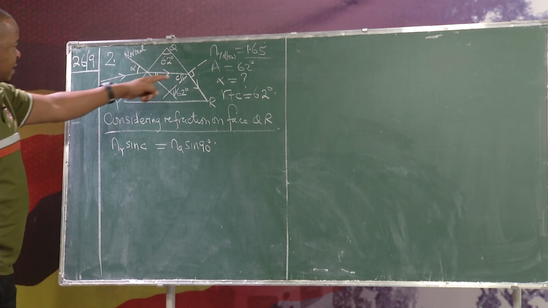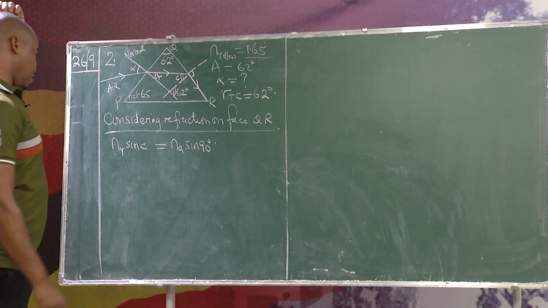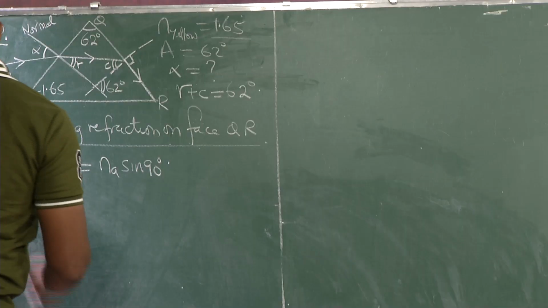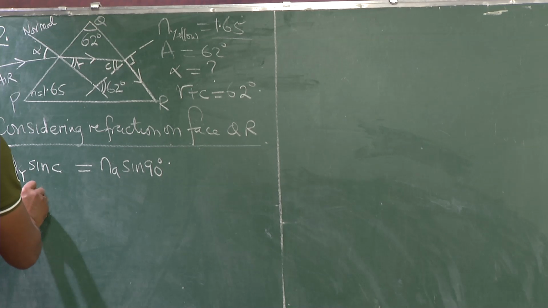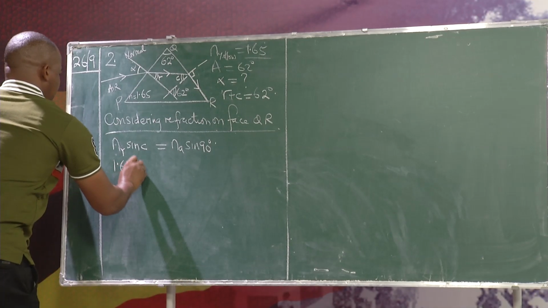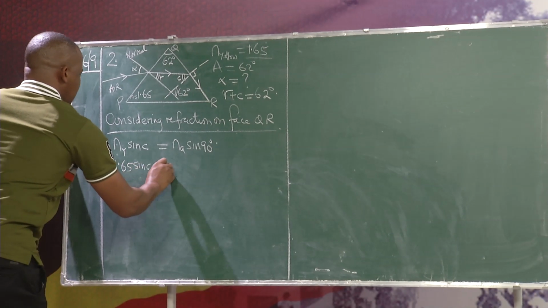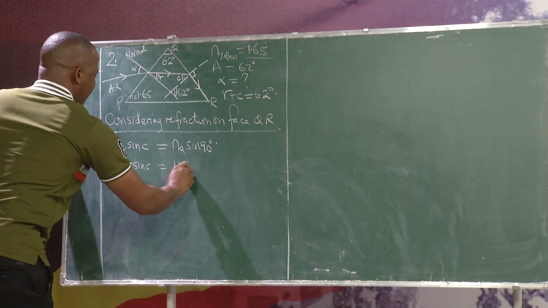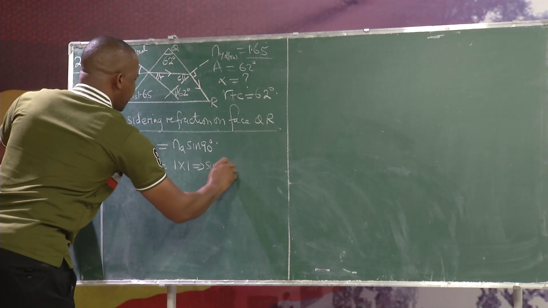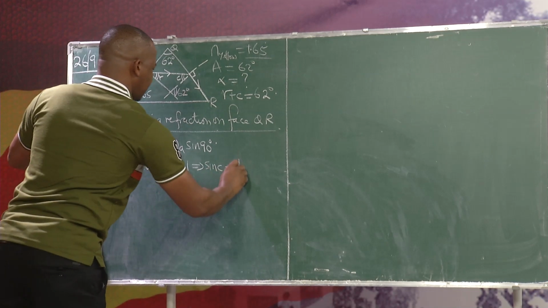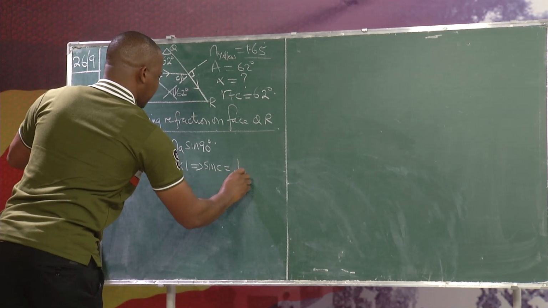n sin i is a constant. We are using n sin i as a constant, and therefore 1.65 times the sine of C should be equal to 1 times 1, which implies that the sine of C is 1 over 1.65.